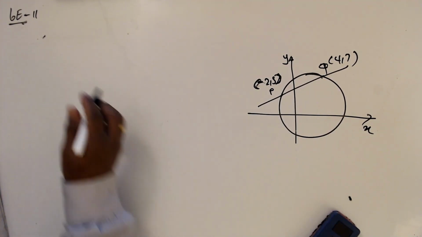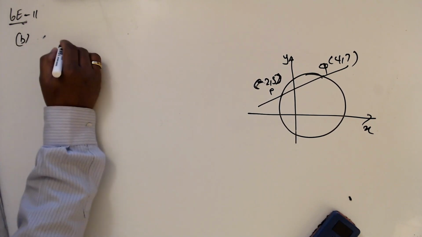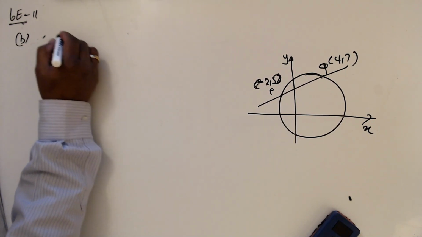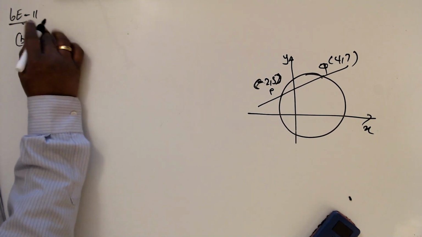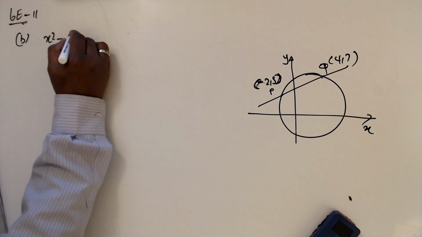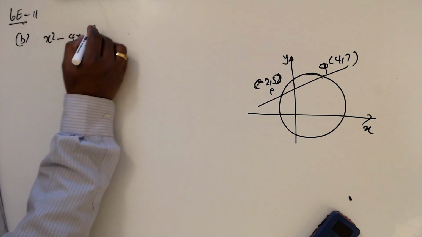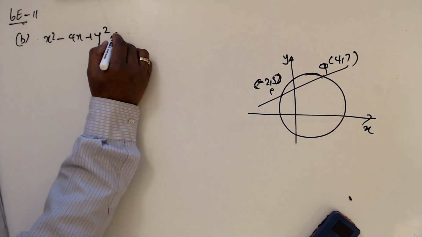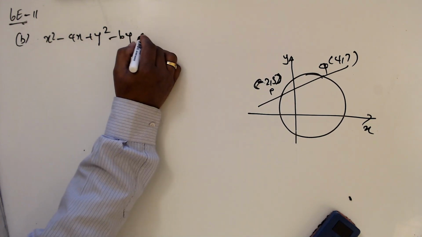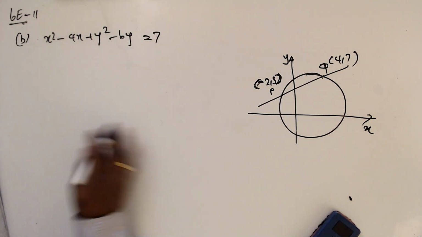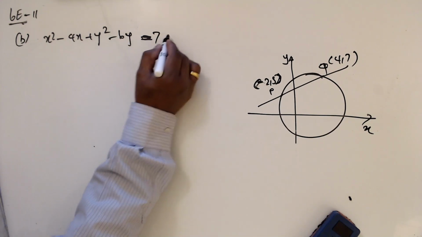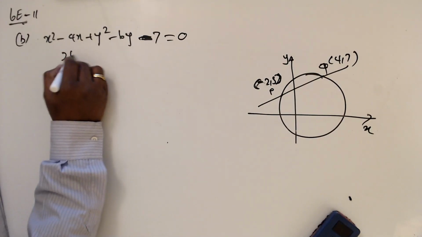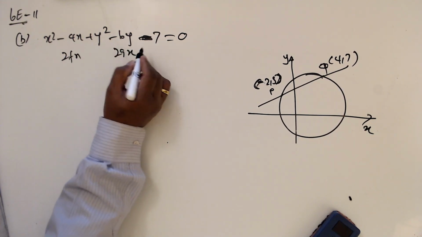Now part B, we want to find the tangent to P and Q. First of all, what is the equation? X square minus 4x plus y square minus 6y equals 7. Okay, minus 7 equals 0. I'll take this side. This is 2fx, this is 2gy.